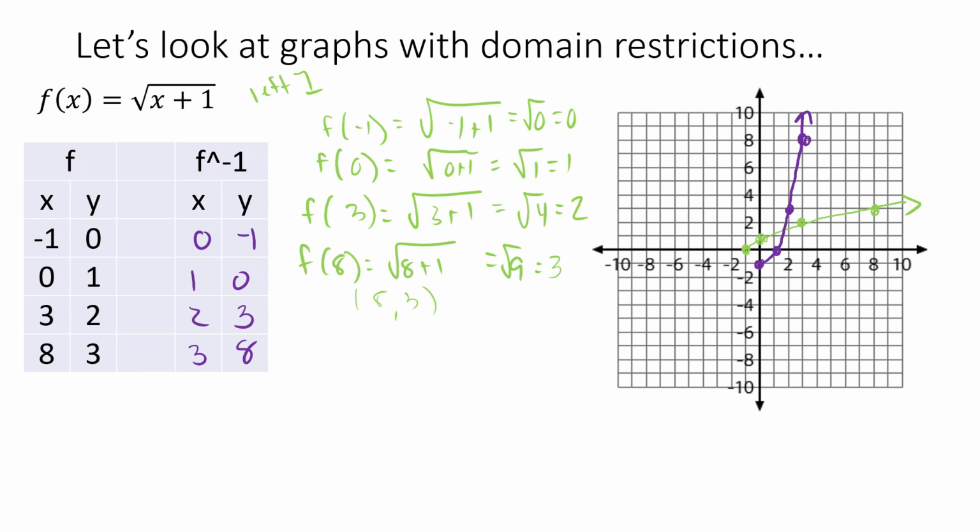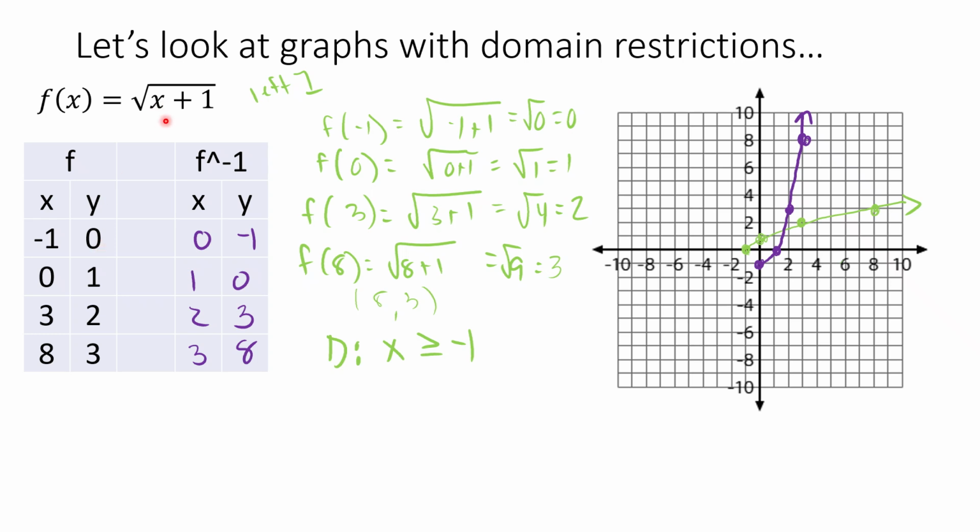So going to our issues of domain and range, if I look at this function, the domain of that function is x is greater than or equal to -1. How do I know that? Well, because it starts at -1 and it goes to the right, so my x values are greater than or equal to -1. And you can also see that by plugging in. If I plug in a -1, -1 plus 1 is 0, the square root of 0 is 0.